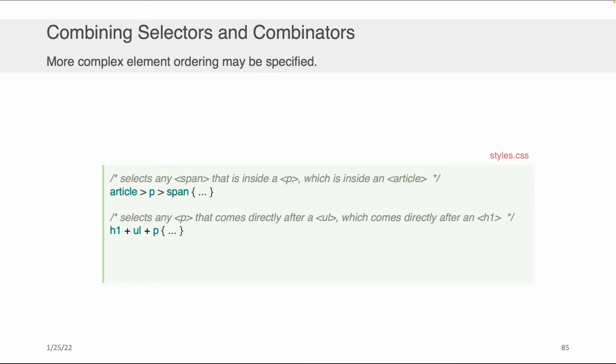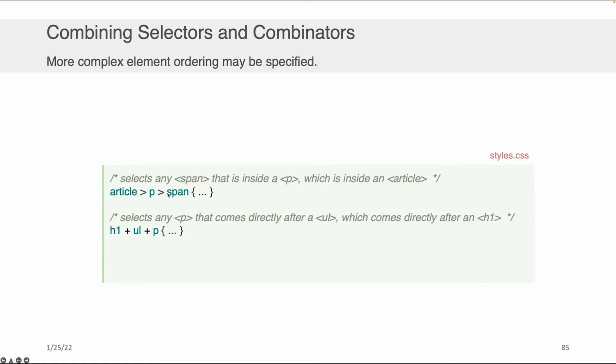There are more complex element orderings that you can specify beyond just the two levels that I've shown you so far. So you could, for example, have some CSS that selects any span that's inside any paragraph, that's inside any article. And in general, the way I recommend that you read CSS is from right to left, if you will.